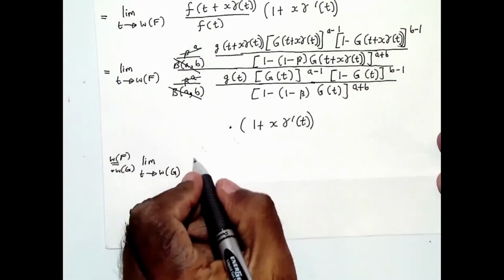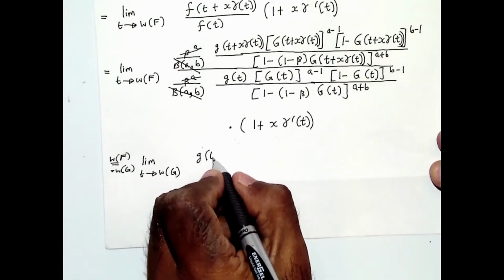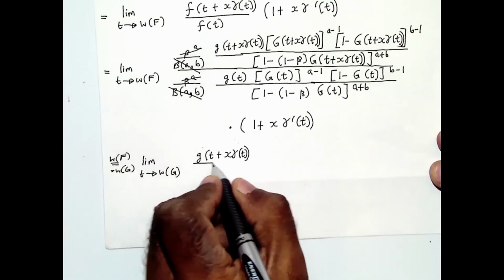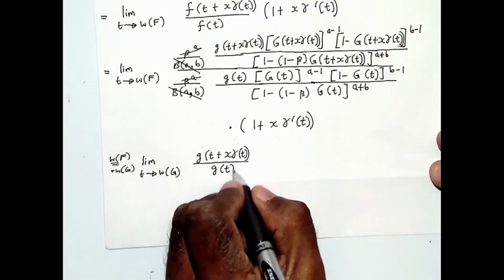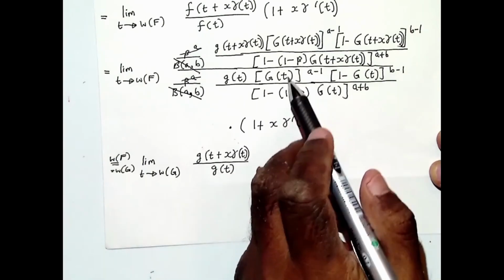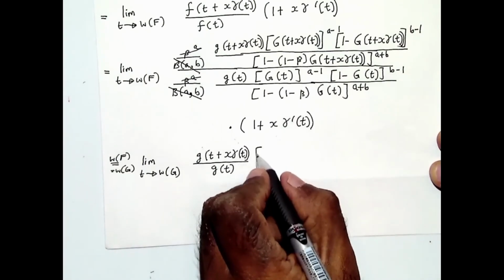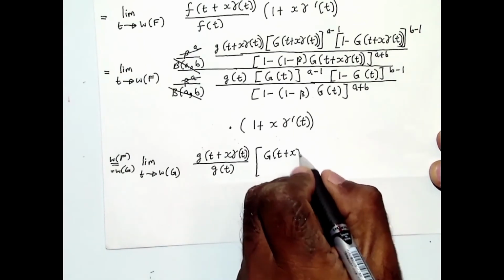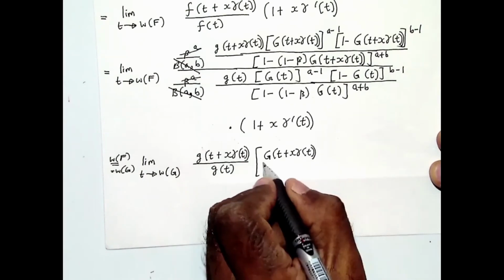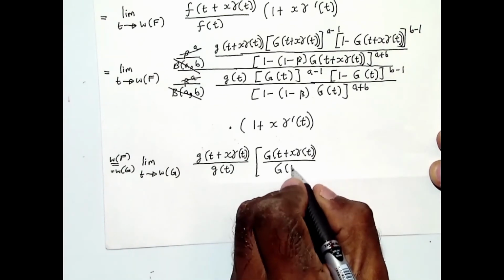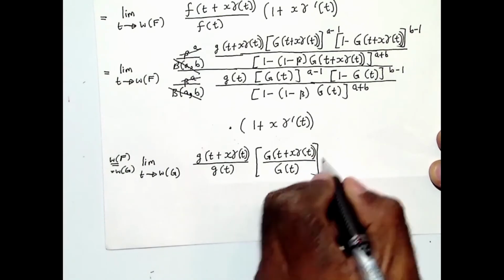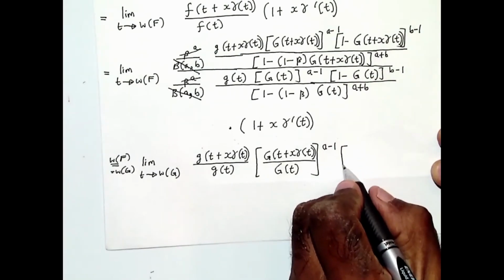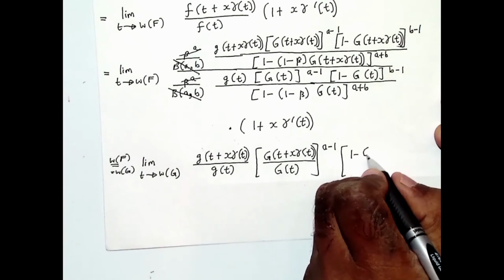Group these two together, you get this, right? Group these two, you get, and group these two, you get this.